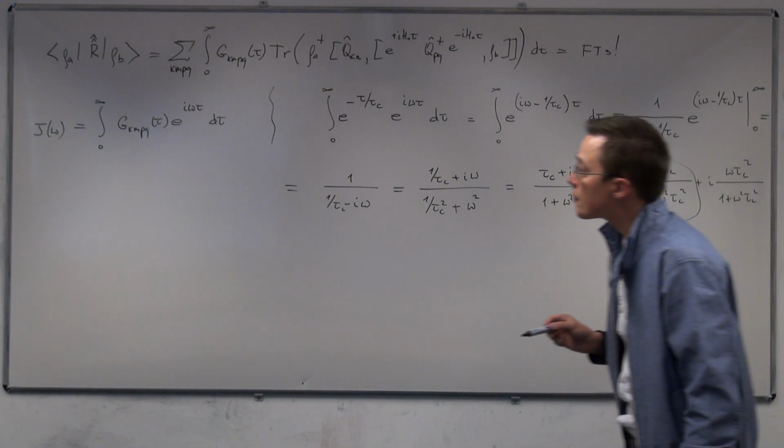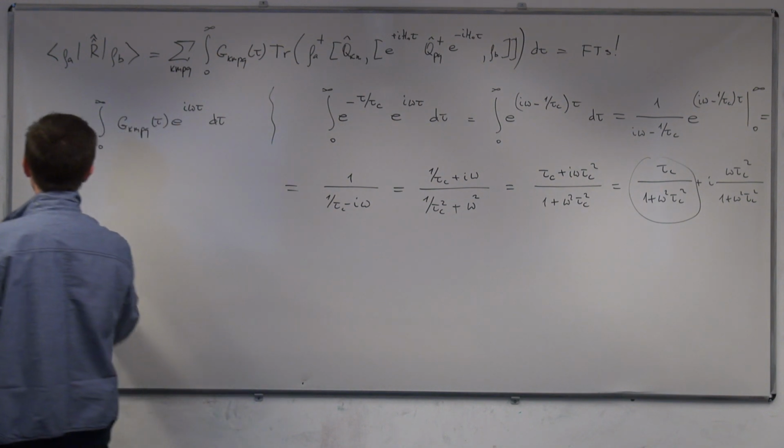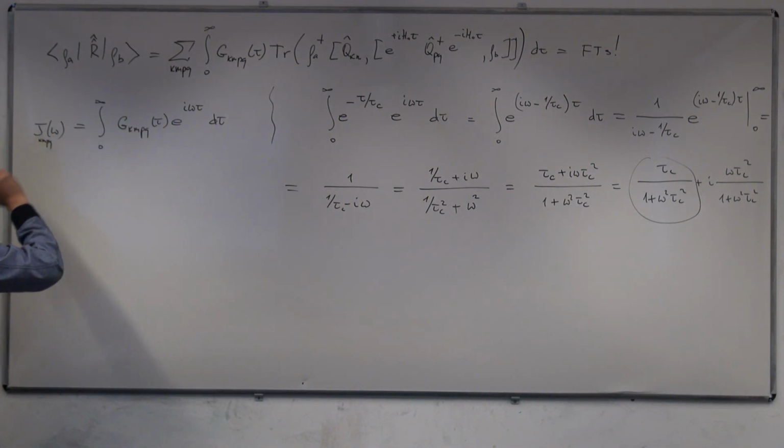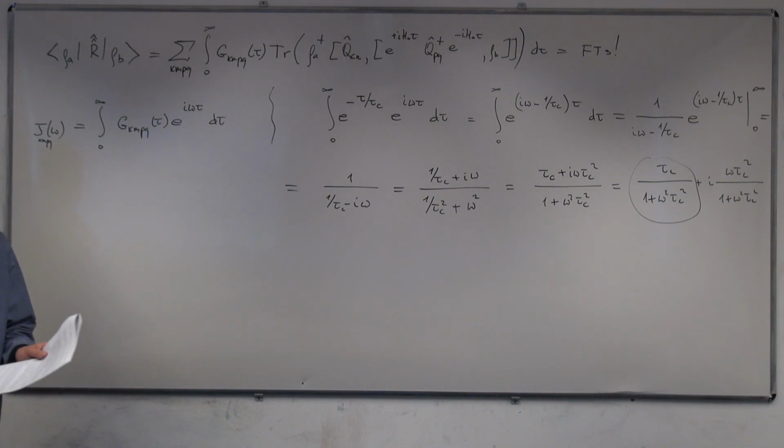Now, the Fourier transform of a correlation function, commonly it's denoted J, so there'll also be k, m, p, q in this case, is known as the spectral density. And its physical meaning is the energy density of our noise as the function of the frequency. So if the noise happens to have a lot of energy on our transition frequencies, it will relax it extremely efficiently. If it doesn't, then it wouldn't.